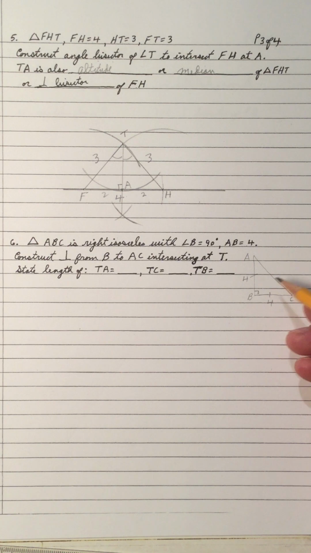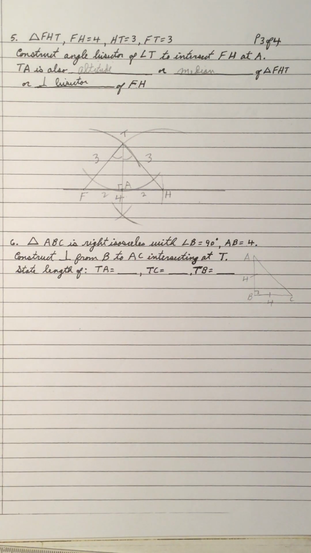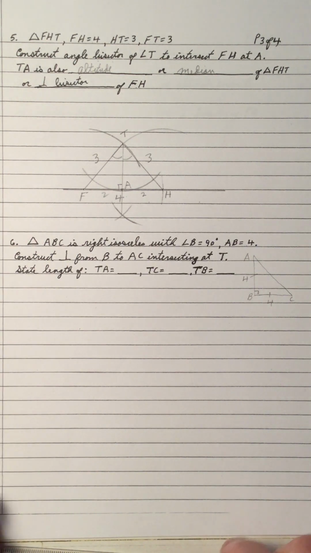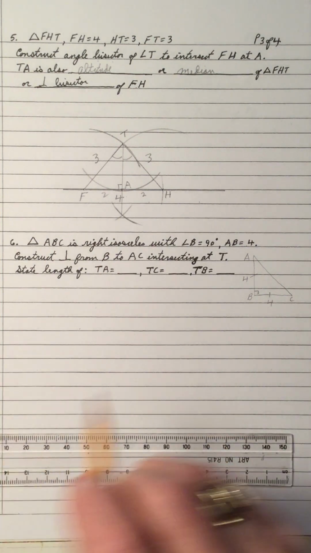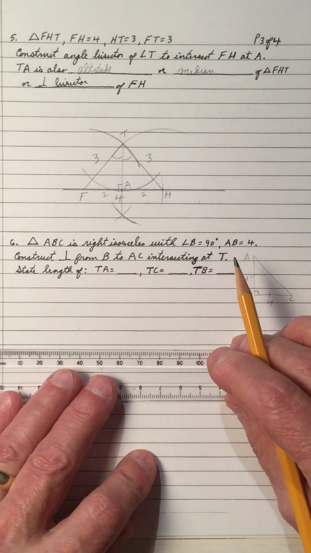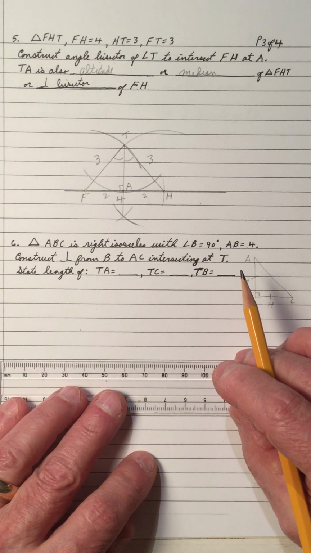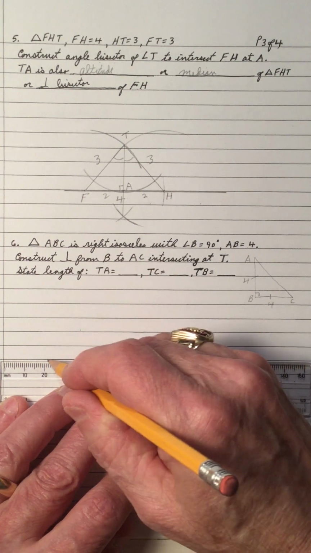So we have to now continue. I'm going to draw this diagram. It says AB is 4. So the first thing to do is to draw a segment. Here we go. Let's draw this segment. Make it longer.